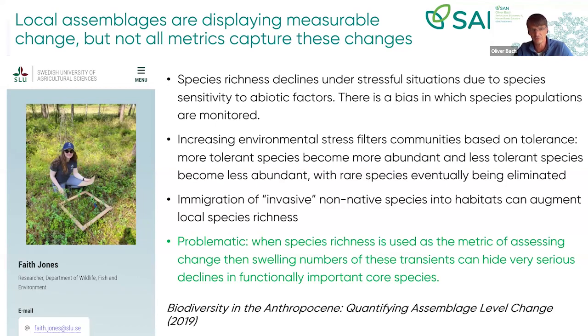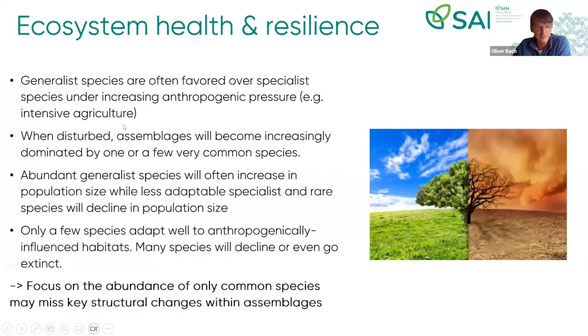So there's immigration of non-native species or invasive species, and that can lead to a rise of biodiversity indicators, right? For example, local species richness. So that's something we need to have in mind.